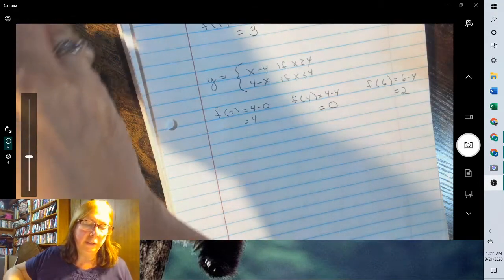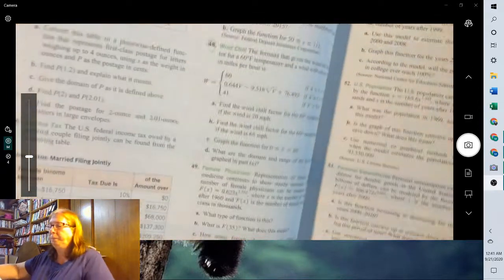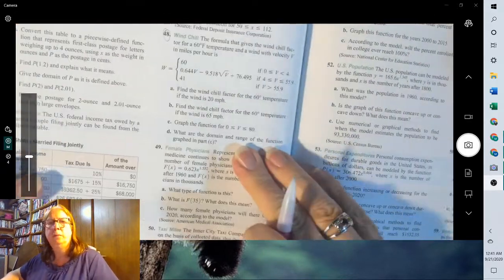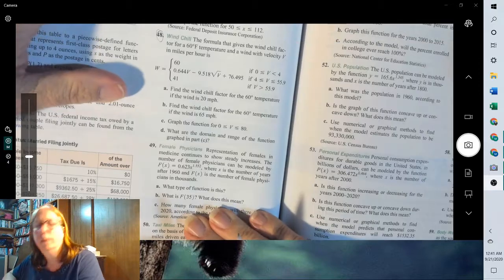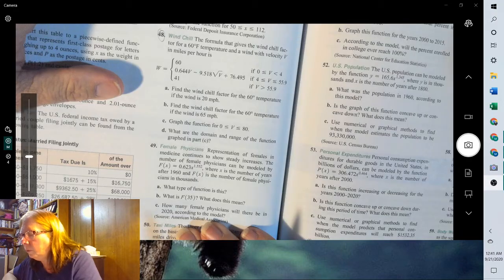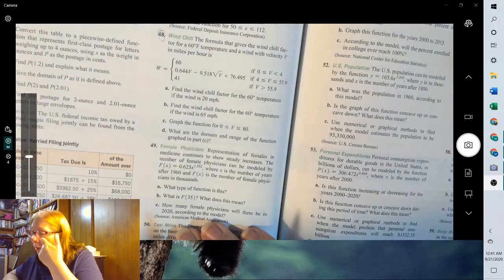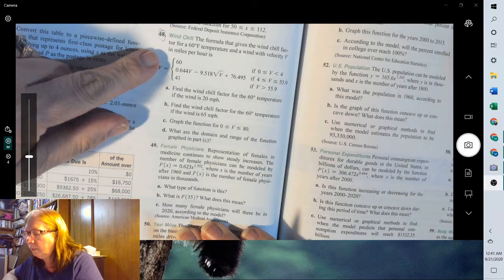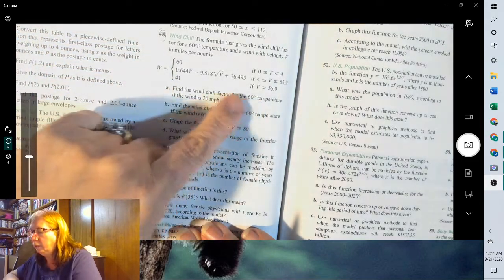Okay, let's look at a story problem. Number 48. It says, the formula that gives the wind chill factor for a 60-degree Fahrenheit temperature and a wind with velocity v in miles per hour is given here.